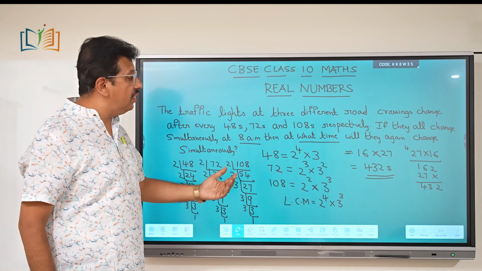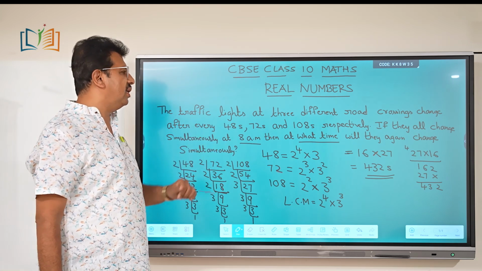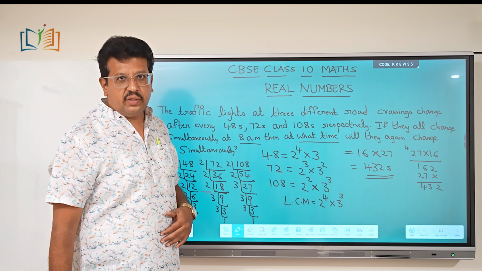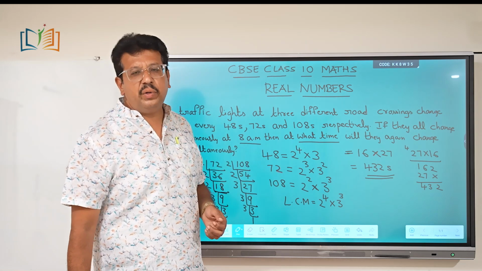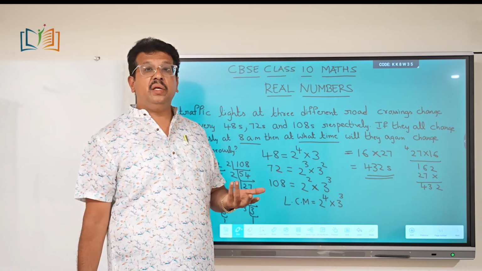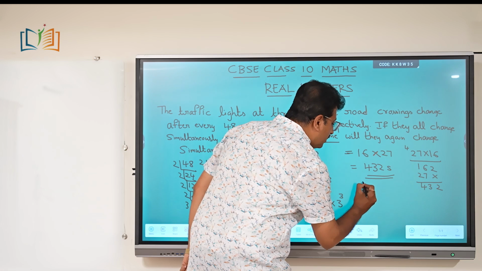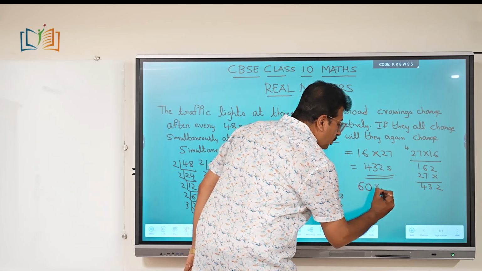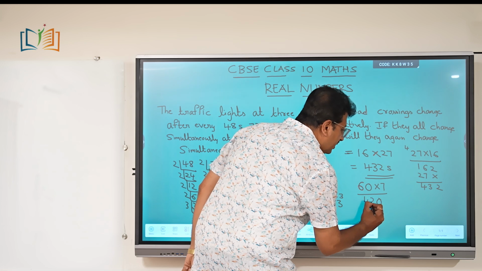Now you need to convert it into what time they will change simultaneously. 432 seconds. So how are we going to change the seconds into time here? How many seconds will be there? For example, if you take 60 into 7, it is going to be 420 seconds.